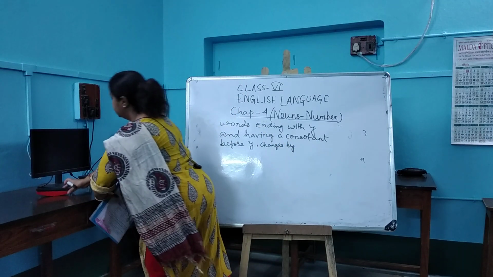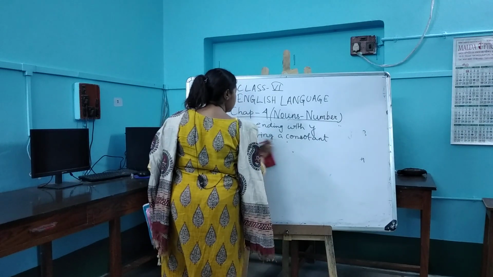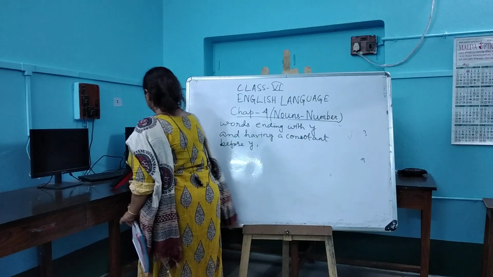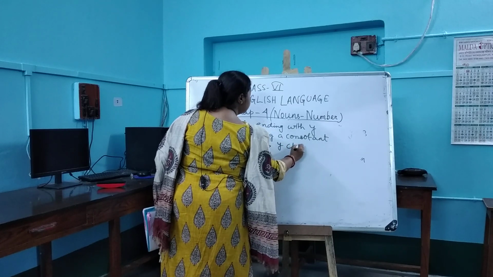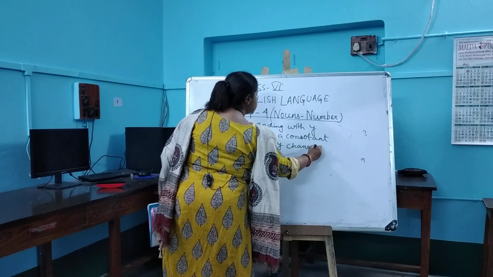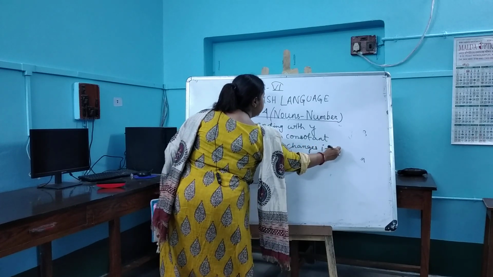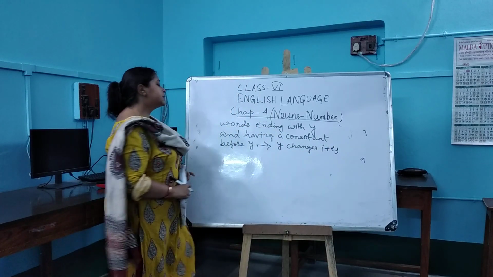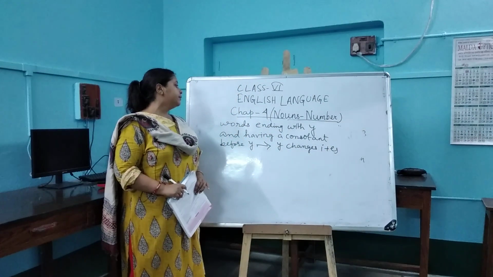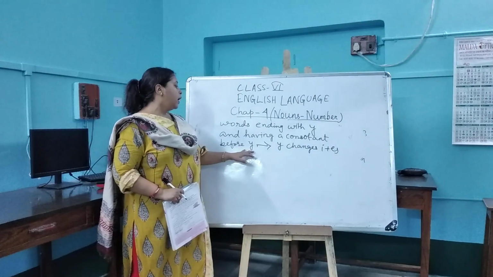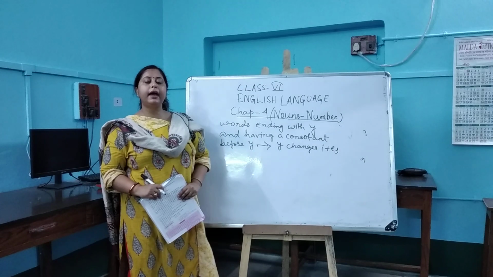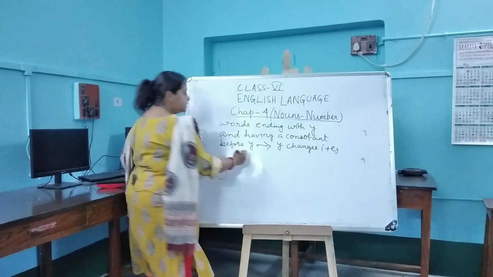What happens? The y changes to i and we add es. Okay. The words ending with y and having a consonant before the y, in those cases the y changes to i and we add es, like city.